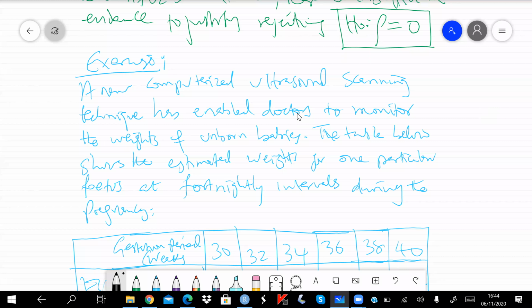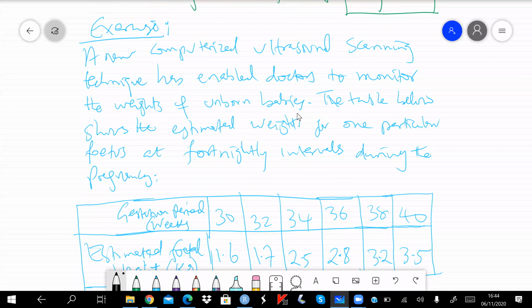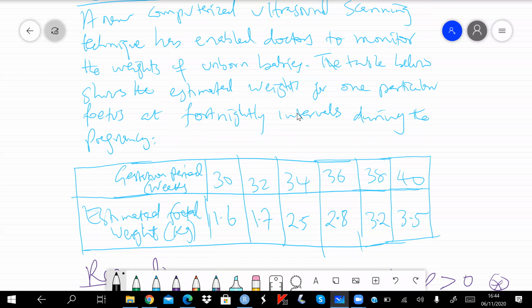So let's look at this example. You'll try this at home, then you'll share the answers with me. A new computerized ultrasound scanning technique has enabled doctors to monitor the weights of unborn babies. The table below shows the estimated weights for one particular fetus at fortnightly intervals during the pregnancy.